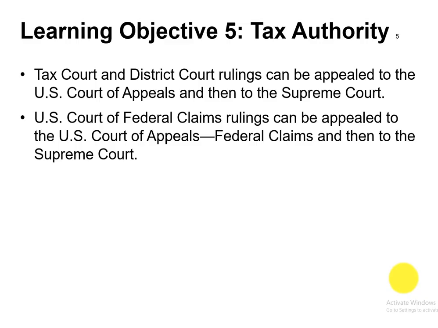The Supreme Court picks and chooses, so it's only going to look at cases it thinks are a big enough deal to justify their time, because they only have so many cases they can take in a year and consider. And so they are going to pick and choose those that are a big deal. Usually in tax cases, it is a situation where two appeals courts have come to a different decision.